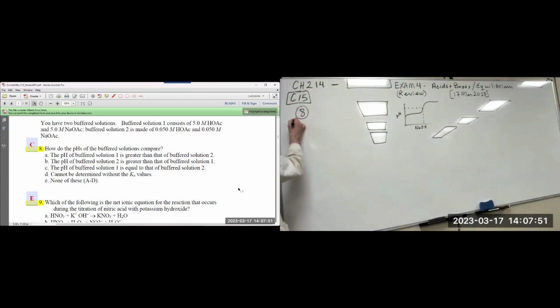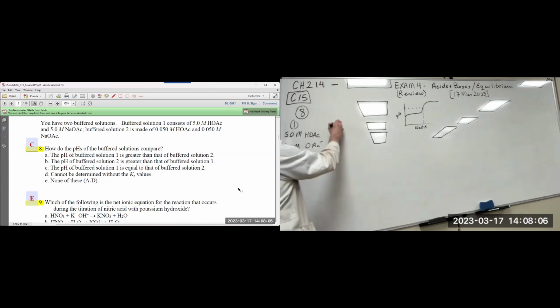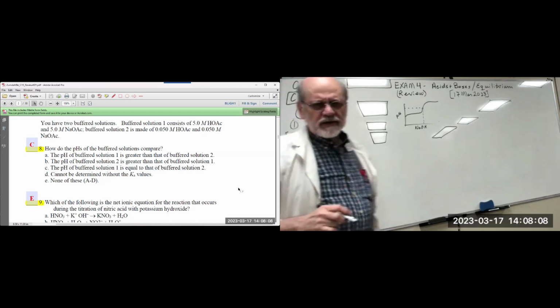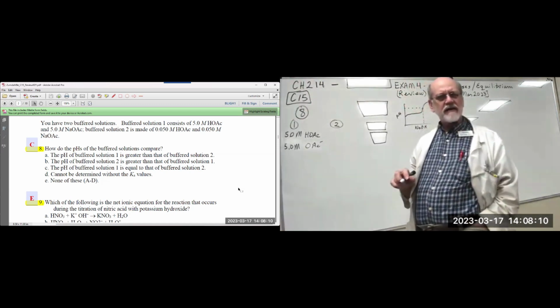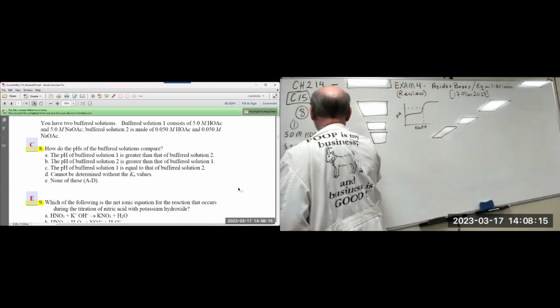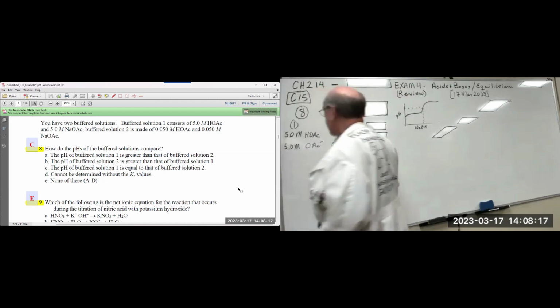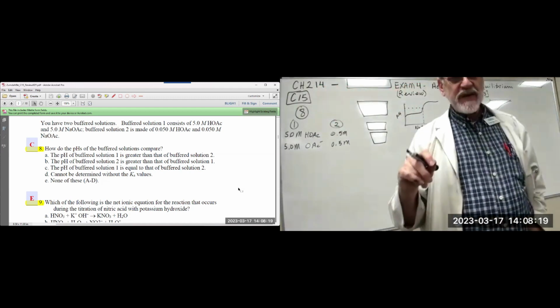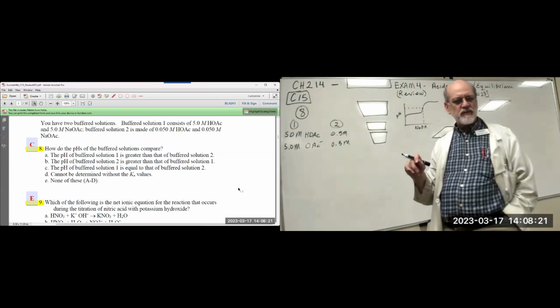So 1 has 5 molar each. Solution 2 has 0.5 molar of each one. Okay. The pH of buffer solution 1 is greater than the pH of 2.